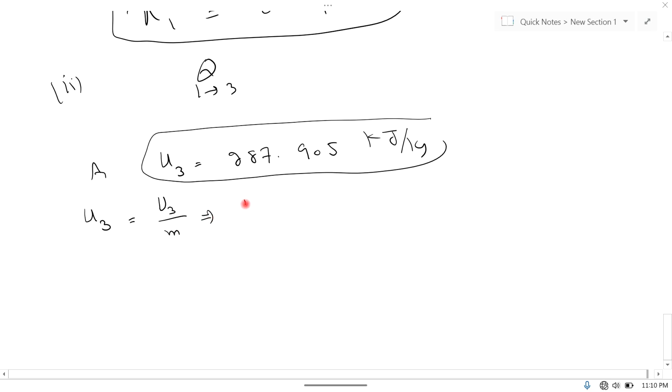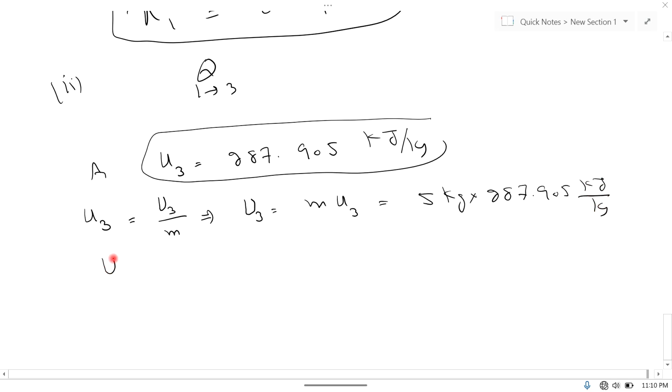So this implies that total internal energy is equal to mass multiplied by U3. Mass is 5 kilogram and the value of U3 is 287.905 kilojoule per kg.